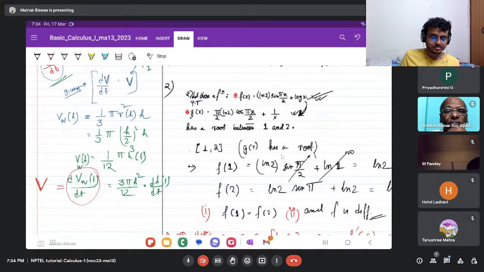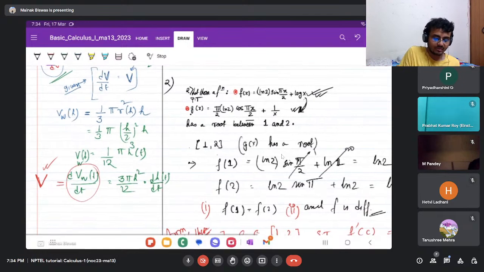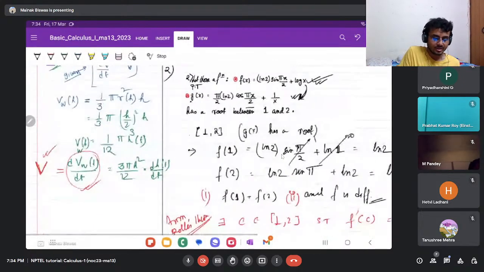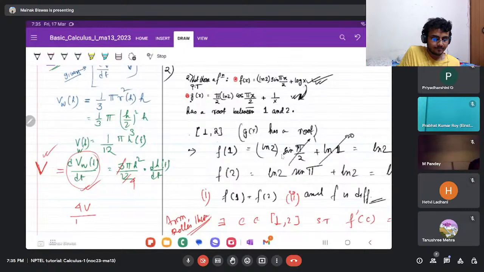Because your dh/dt and dV/dt have the same units, even if it is inches, your volume will manage that. So effectively we will not have a problem. We'll see what unit it turns out to be. dV/dt we have already seen. How is the volume increasing? That is 4.